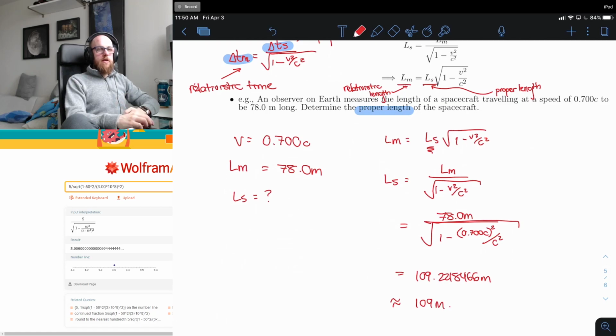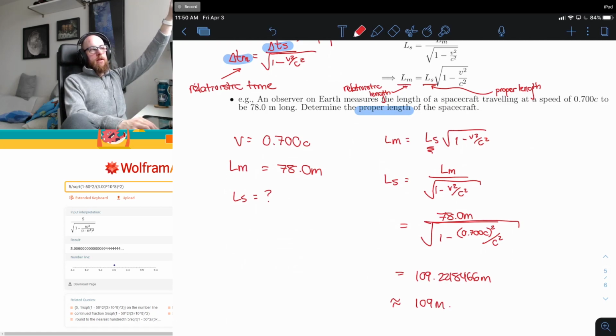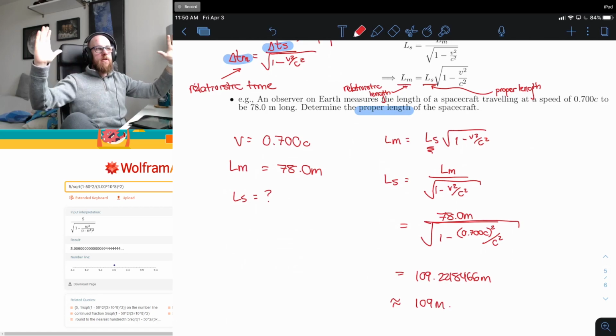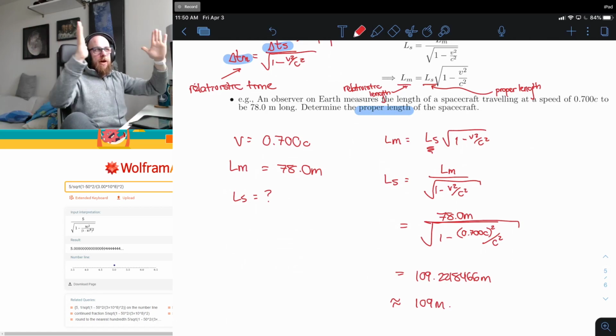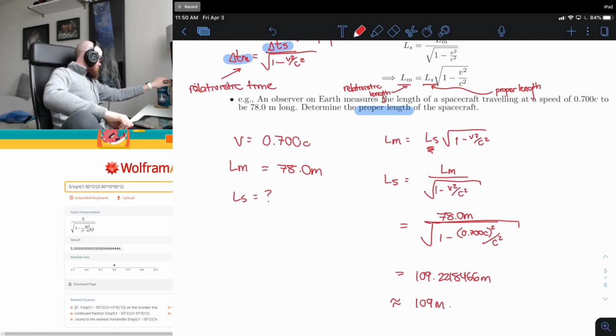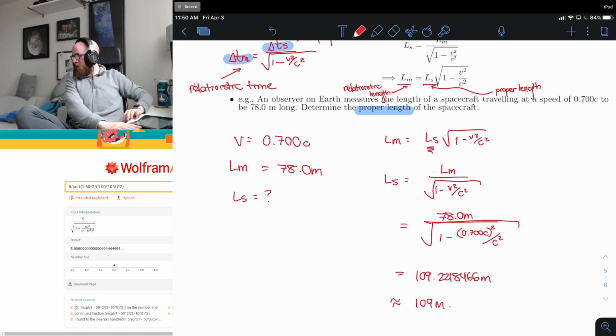Okay? So when it's moving, to us back on Earth, it appears to be shortened in the direction that it's moving. You would look at it and imagine it's kind of squished, right? Like, I'm trying to find an example here, but I don't really have one.